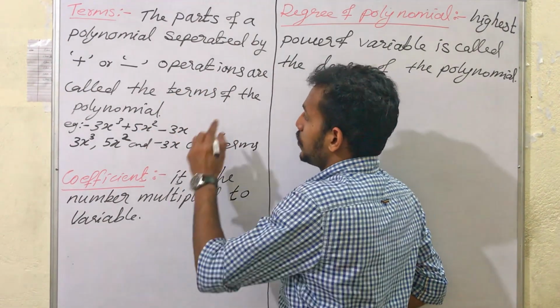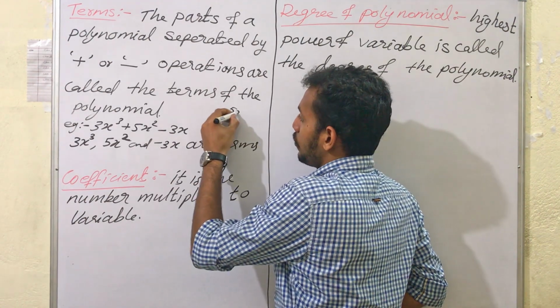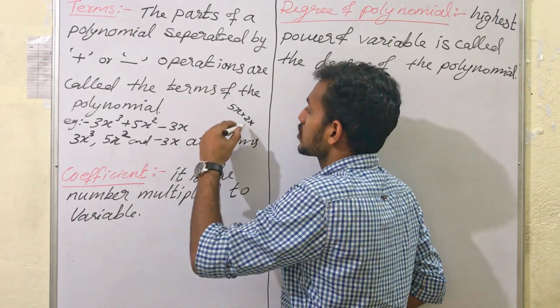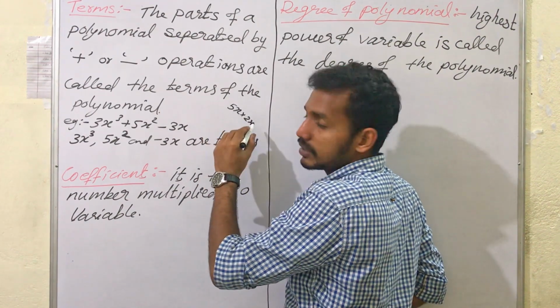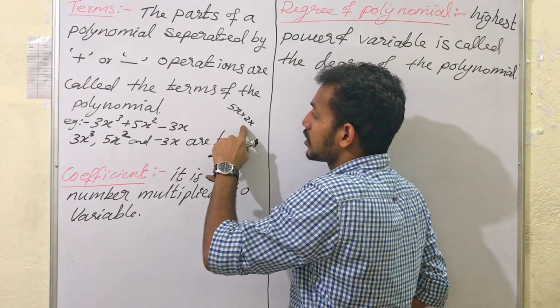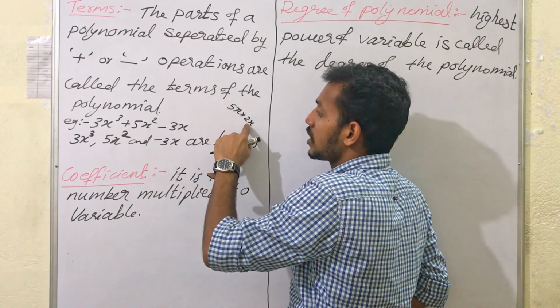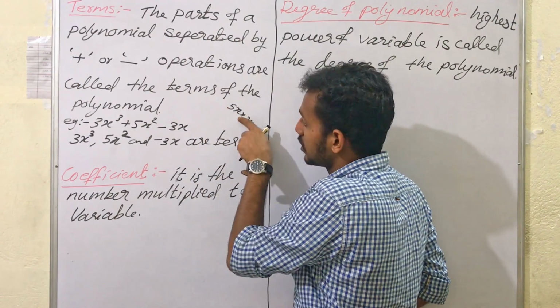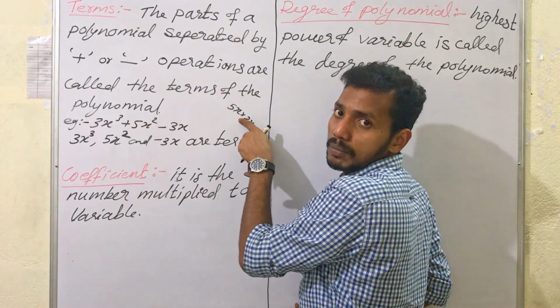But suppose a polynomial is written like 5x into 2x. In this case 5x and 2x are not two separate terms, it is a single term because it is connected by the symbol of multiplication.